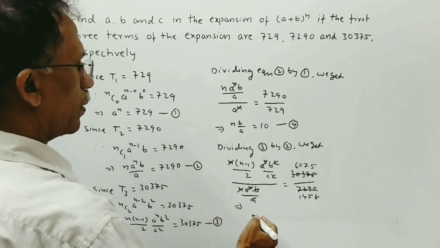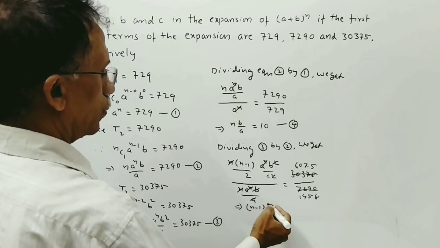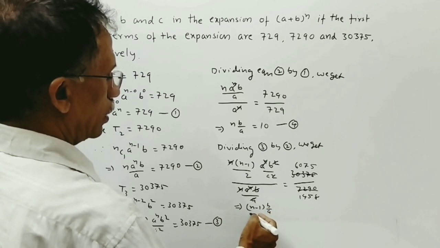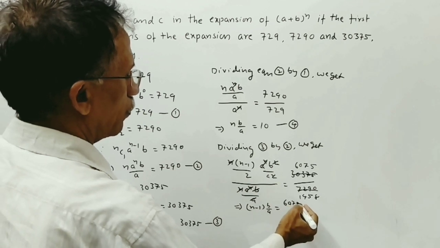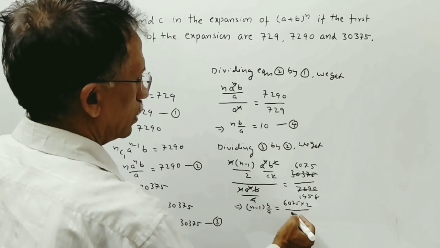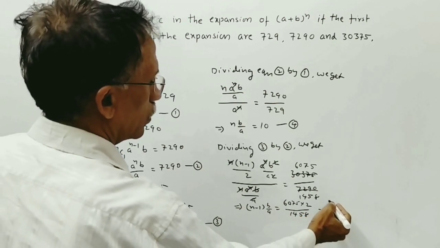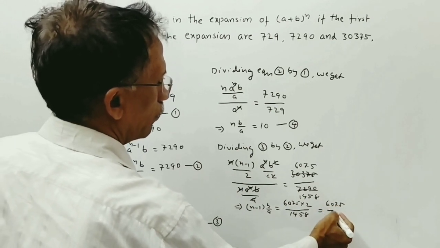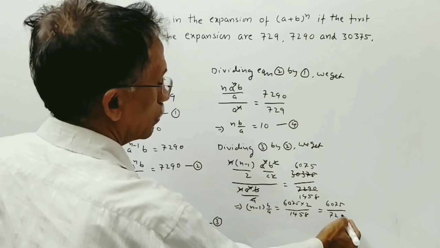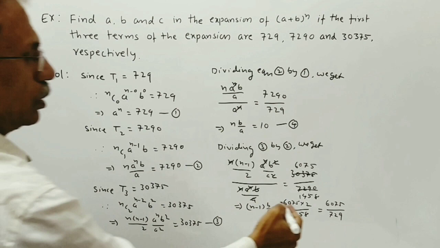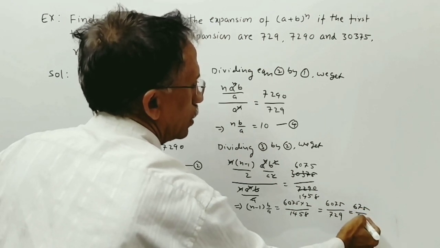This implies n minus 1 into B by A. In the denominator 2 is there, that we can take to the right side: 6,075 into 2 divided by 1458 is equal to 6075 divided by 675 divided by 81.